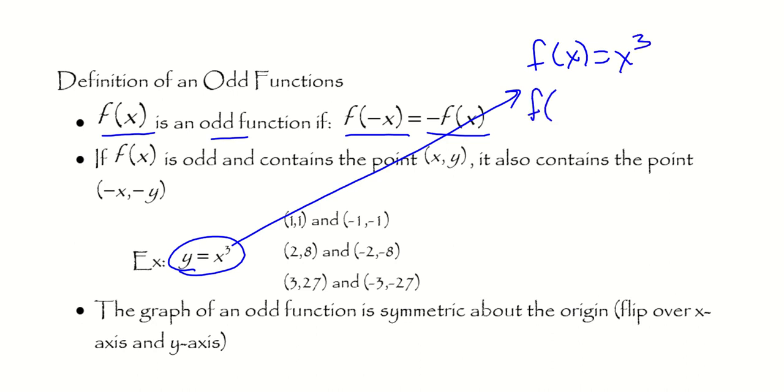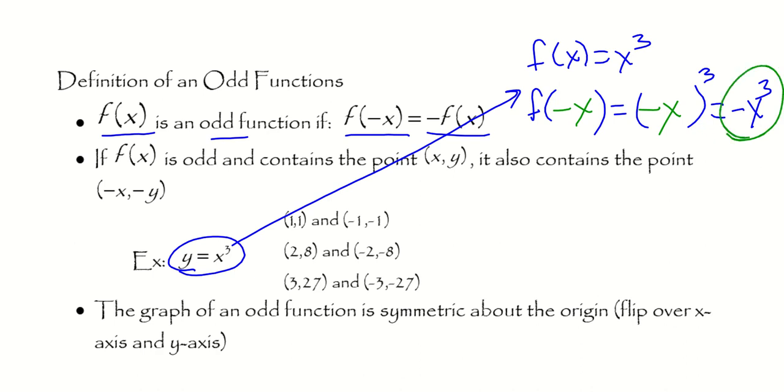If we take our function and substitute negative x where x is, then we end up with negative x as our input, which we will cube. Well, when we cube a negative, that's like taking negative 1 times negative 1 times negative 1. The result is negative x cubed. And what we end up with when we put in a negative x is the opposite of what we get when we put in x. That shows that it's odd.